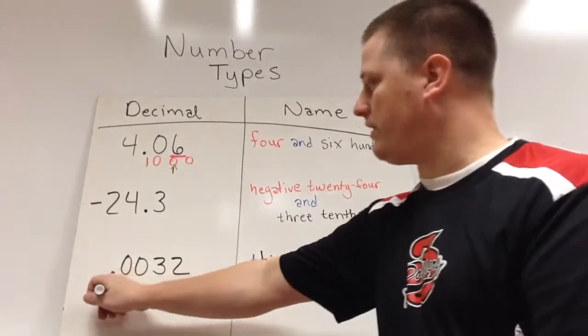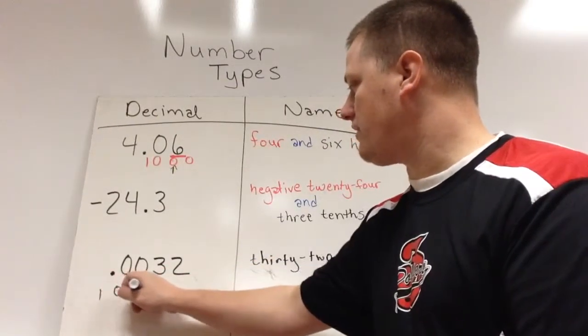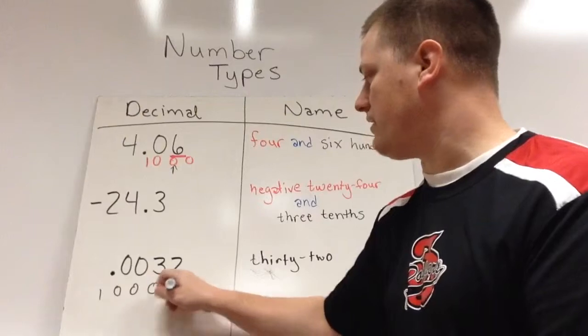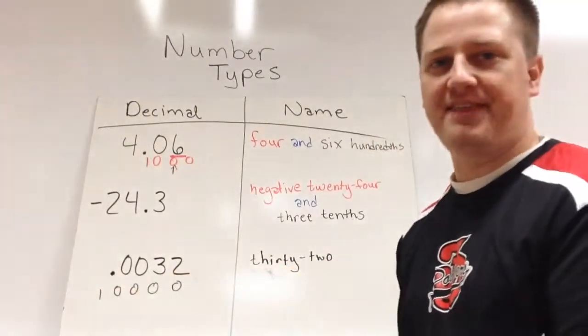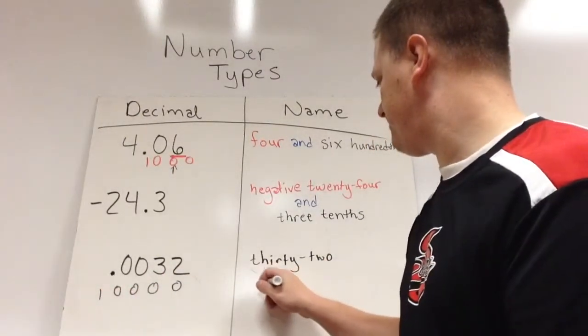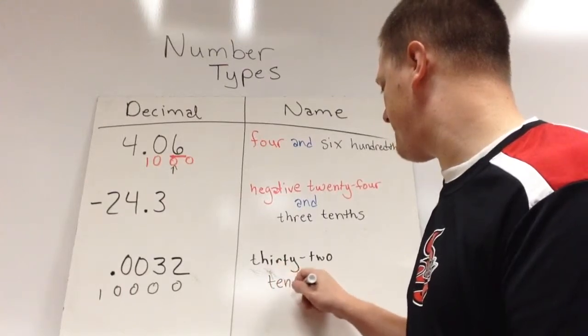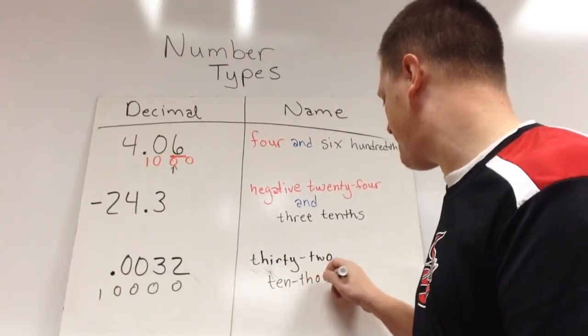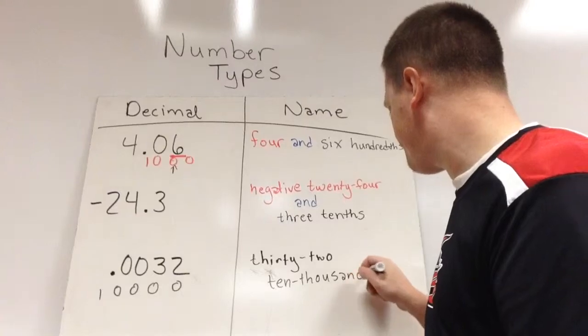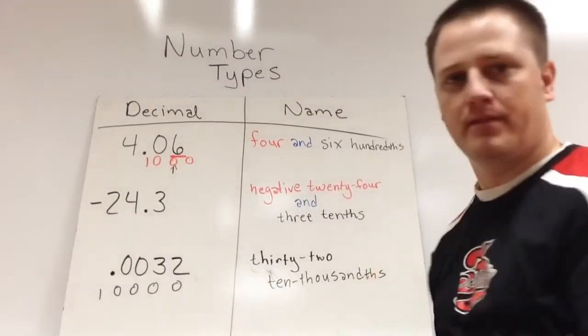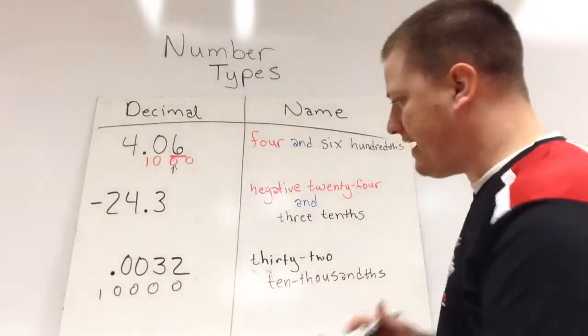And the place value, well, if we put a 1 here, we have 0, 0, 0, 0. So this would be 10,000ths. So we have 32 10,000ths.